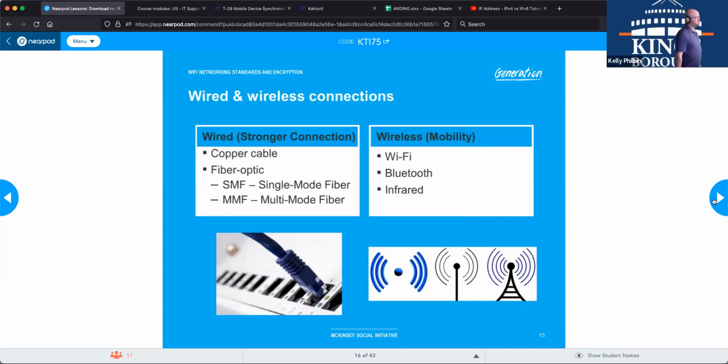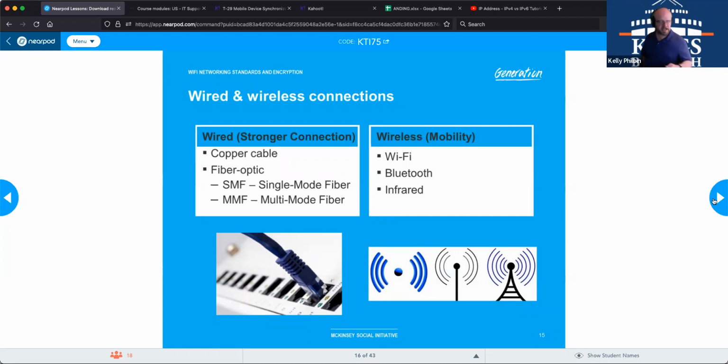We'll get in a little bit more into the 802.11 stuff here in just a little bit. So wired connections, we see copper cable, which is coax, which is POTS phone lines, which is Ethernet, the 802, the shielded twisted pair, the RJ45s. And under fiber optic, you can have SMF, which is single mode fiber, or MMF, which is multi-mode fiber.